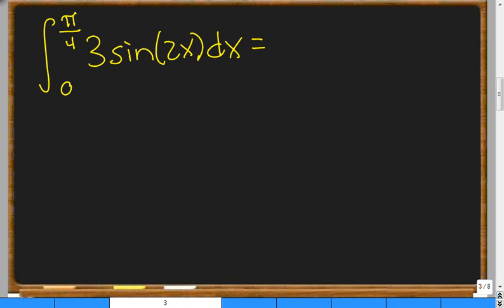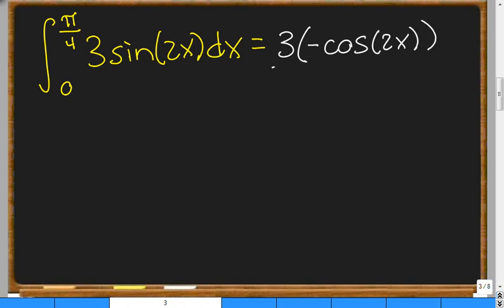So let's look at a trigonometric problem. The integral from 0 to pi over 4 of 3 sine of 2x. So we need to integrate 3 sine of 2x. Well, we'll have 3. The integral of sine is negative cosine of 2x.